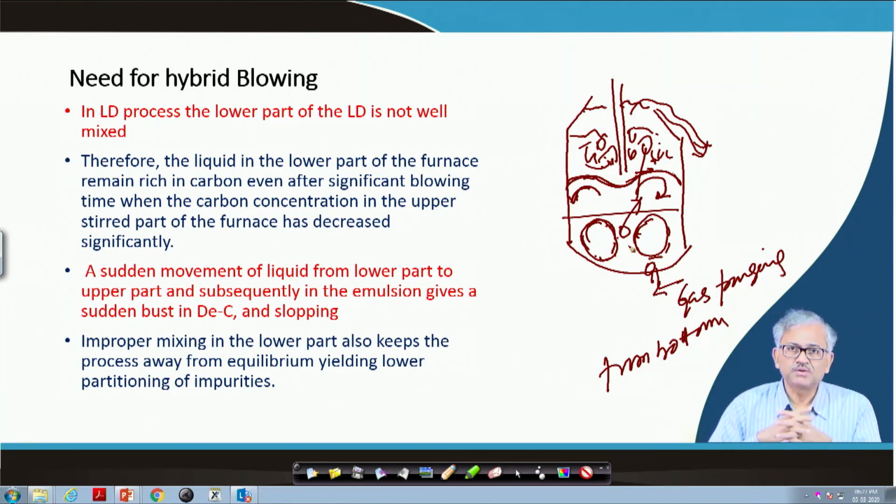If you use the lime powder, then you can enhance the rate of CaO dissolution, right. So those are also called hybrid processes. So from the blowing point of view, there are several hybrid processes. Besides, from the hot metal composition also, you have other hybrid processes. So we'll just discuss the different hybrid processes now, okay.